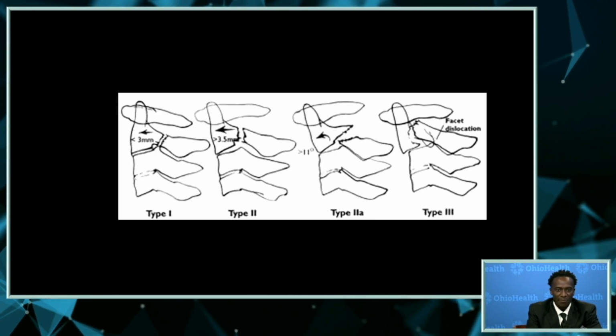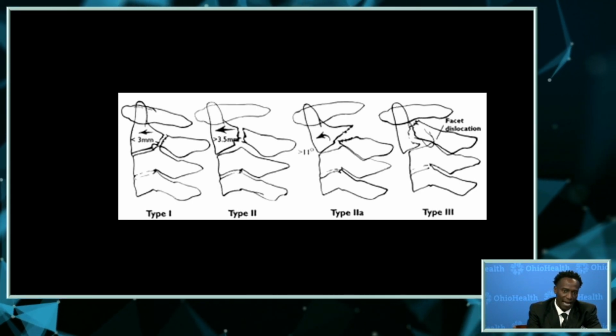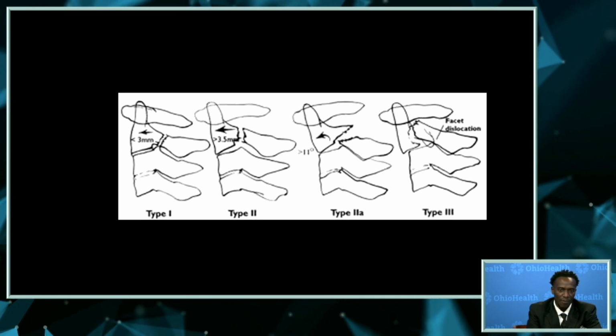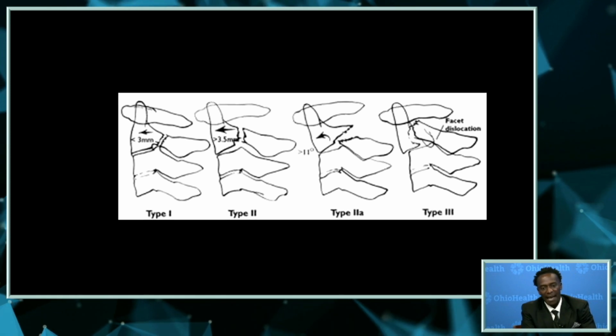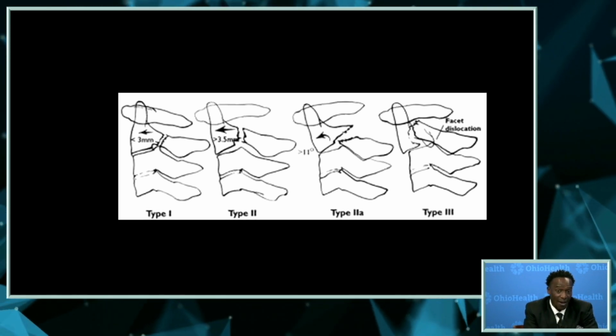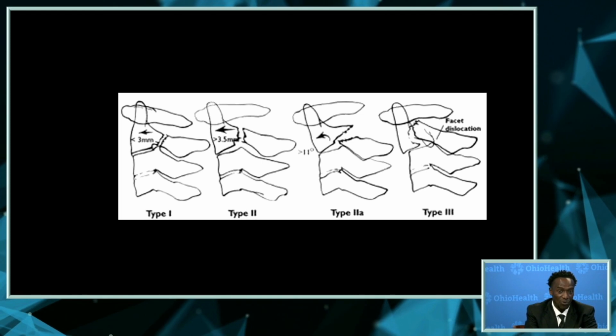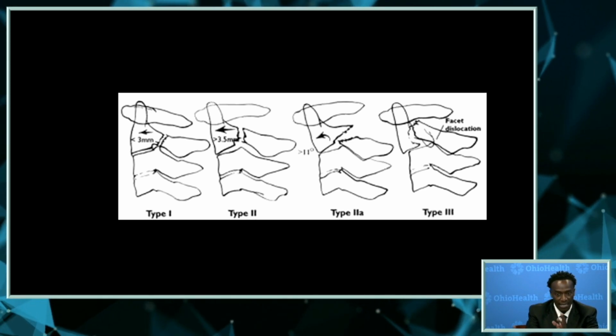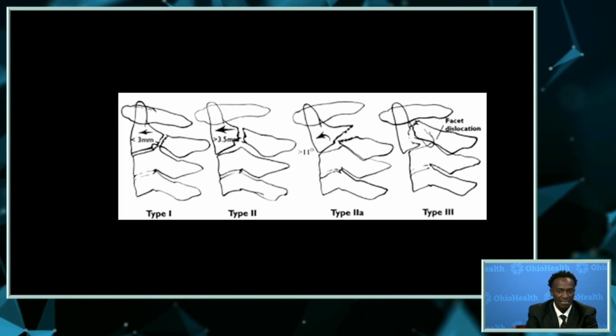And then there's the Hangman's fractures. There's type 1 here. You can see you have a fracture through the pars of C2. However, the lines are parallel. There's a type 1A where it's going to be similar, except the fracture lines will not be parallel. Then there's type 2. Once you get to type 2 and above, these are going to be the unstable ones.